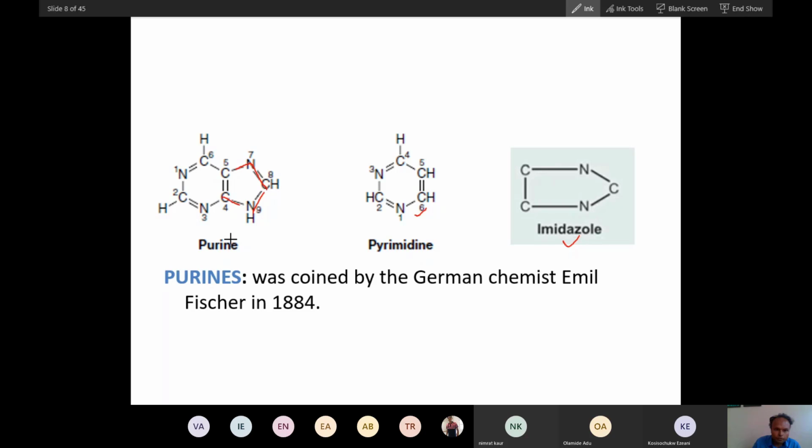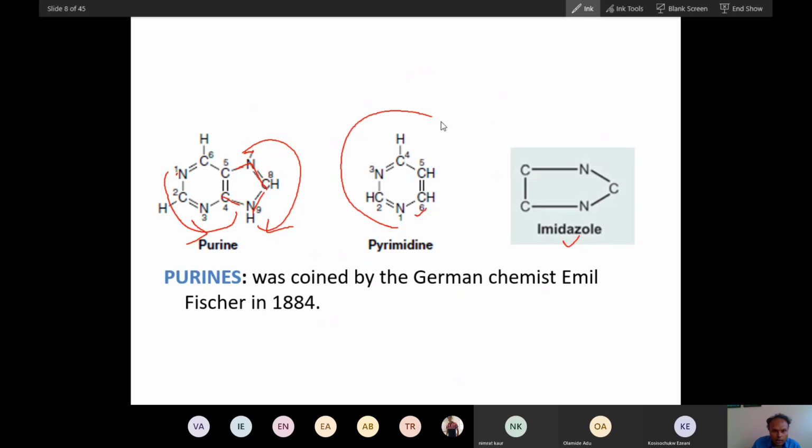The nomenclature of purine and pyrimidine differ. You can see the naming starts from this nitrogen in pyrimidine, but in purine it starts from this nitrogen.